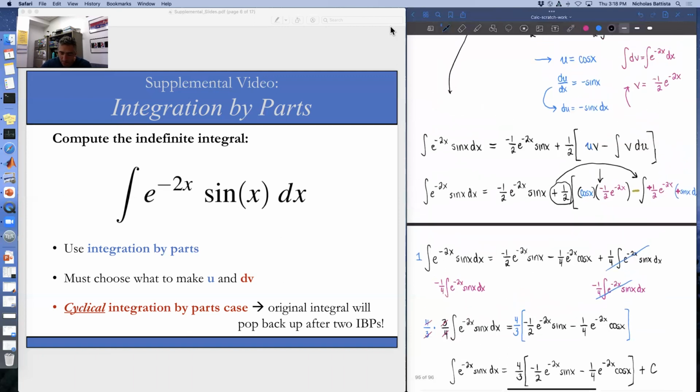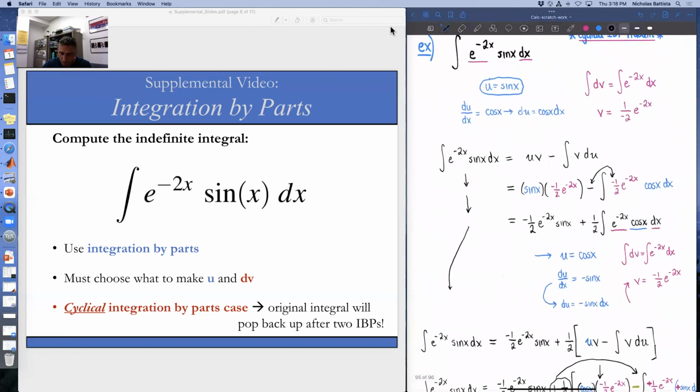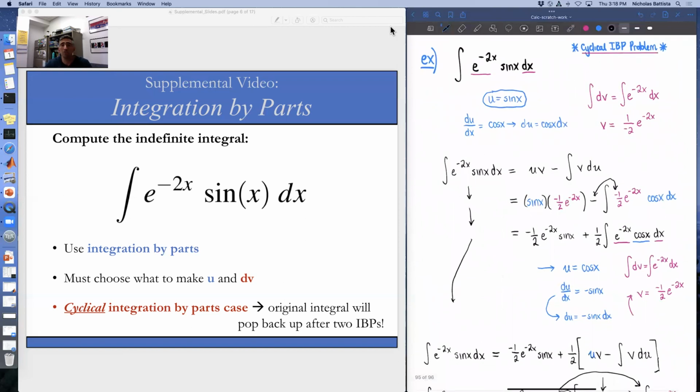But to take us back to the beginning, remember, I arbitrarily chose u equals sine of x here, and dv was that exponential stuff.